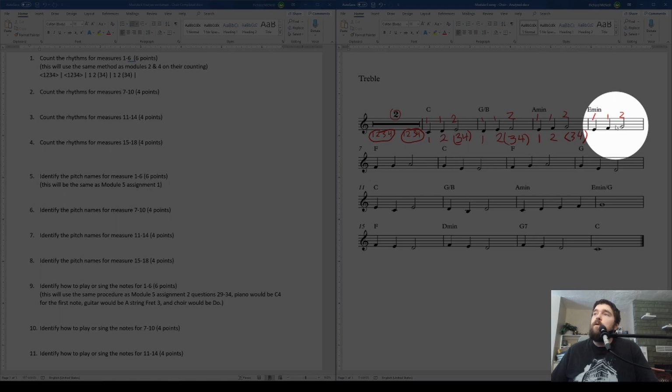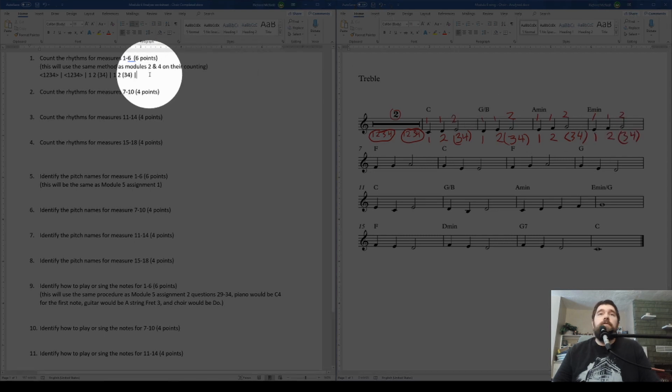On the rhythm, I have 1 beat, 1 beat, 2 beats. So I write here 1, 2, 3, and 4, and that is our 4 beats. Now I take measure 5 and measure 6 and transfer them over to my answer document. We need 1 beat, 1 beat, 2 beats, and 1 beat, 1 beat, 2 beats.